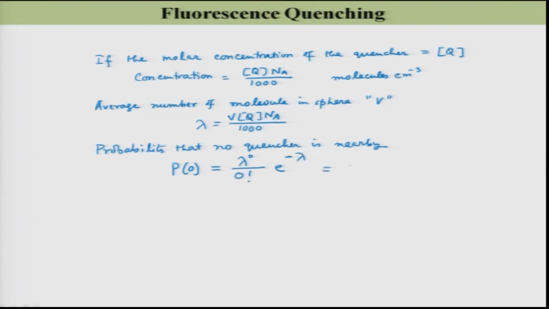So, I can write this as e to the power minus V Q Na divided by 1000.